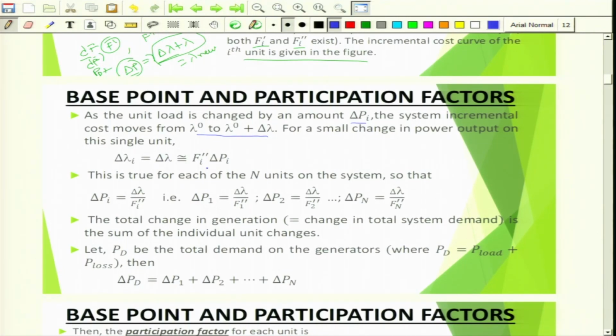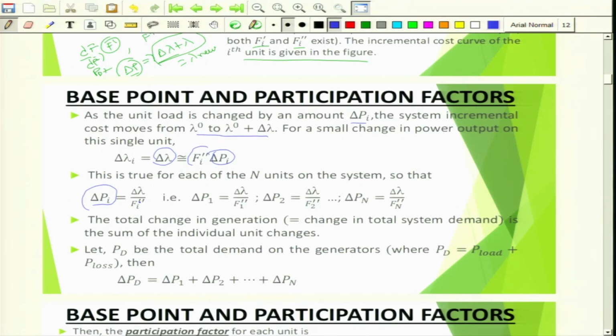Now you need to find out how much change in power demand leads to how much change in delta lambda, right. So that is nothing but Fi double dash, which is delta lambda by delta Pi, or delta Pi is equal to delta lambda by Fi double dash.